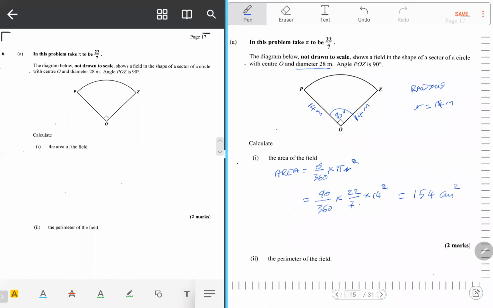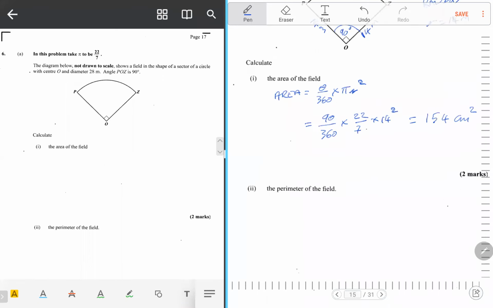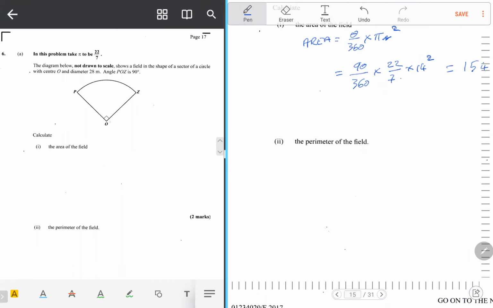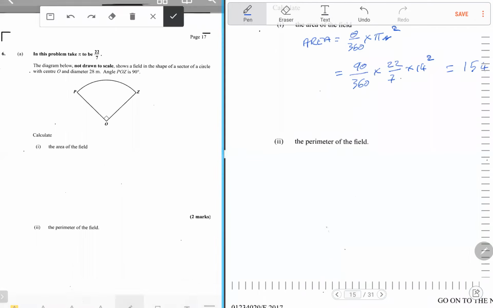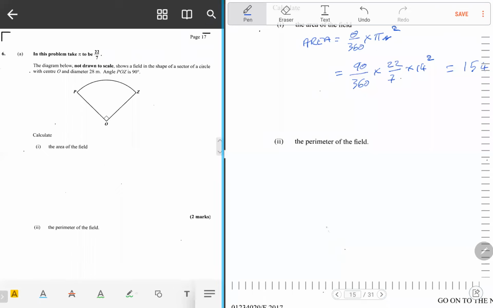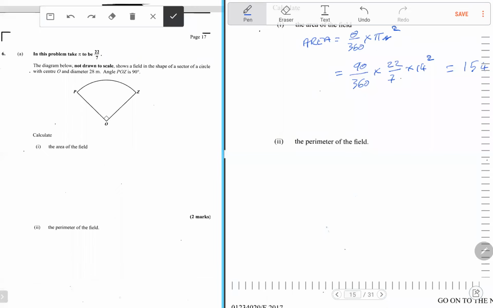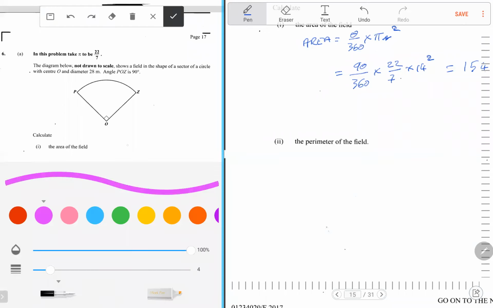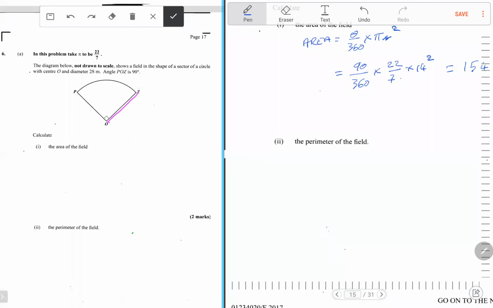The next part wants the perimeter of the field. The perimeter of the field is the distance around it. If you look at the diagram, it's this length plus the arc length plus this length. Let's write it out.